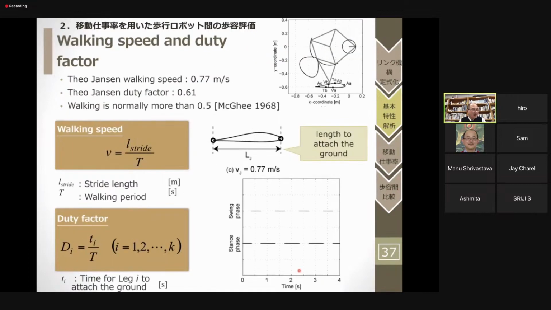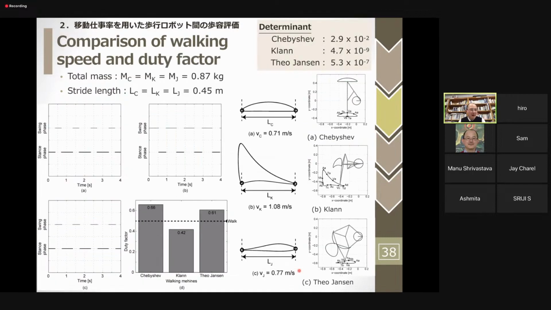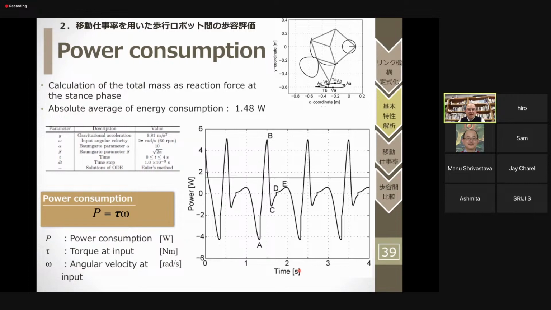Then the walking speed and duty factor analysis is possible by computation here. And comparison of the speed and duty factor is also possible in this computation. Then power consumption can be analyzed in the computer simulation. Therefore, energy consumption can be estimated by this computer simulation based on the multi-body dynamics. Power consumption can be described this way.